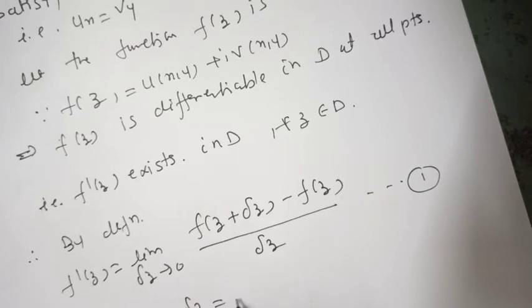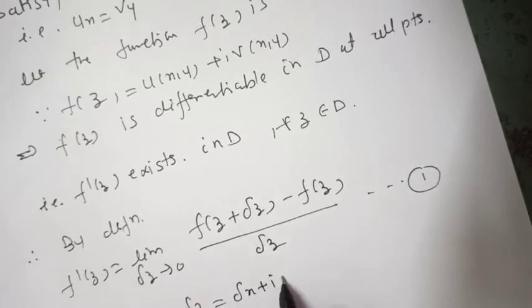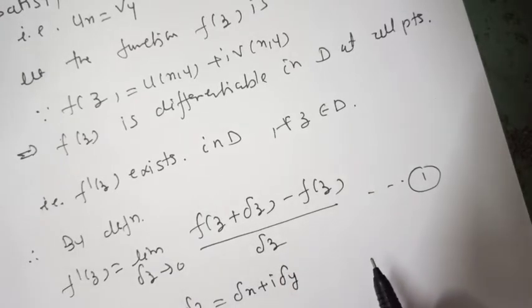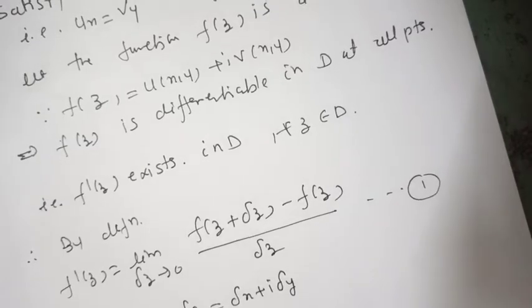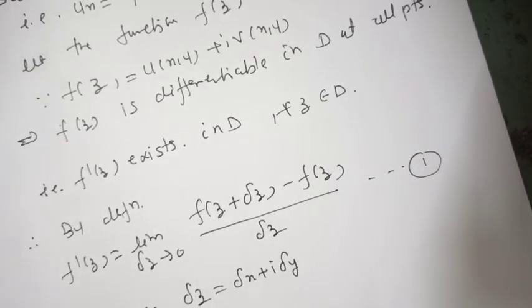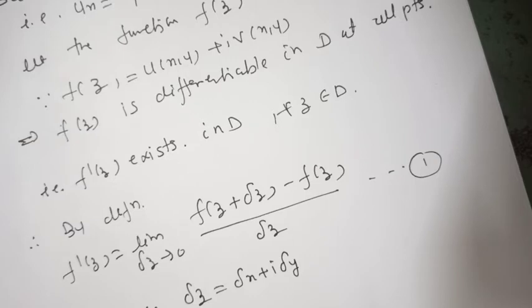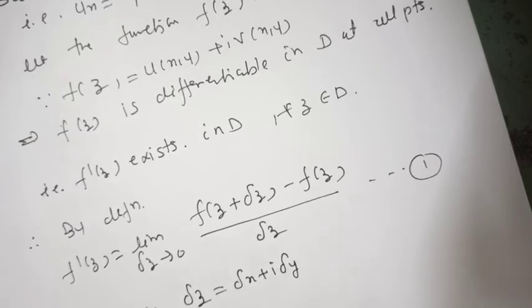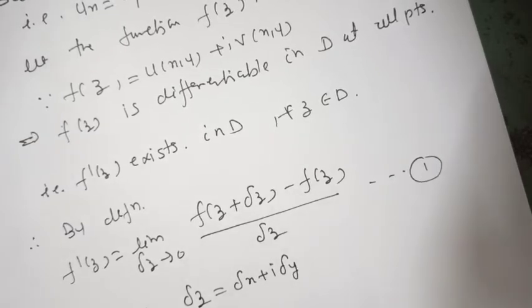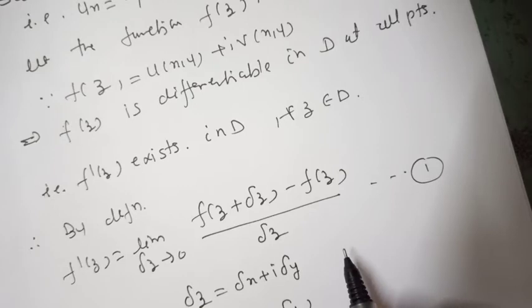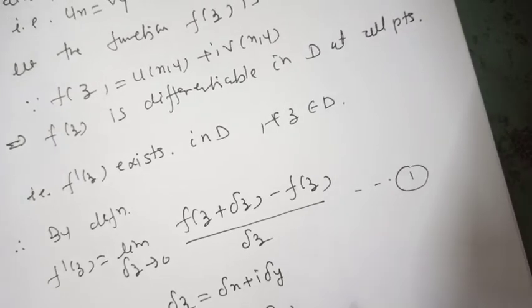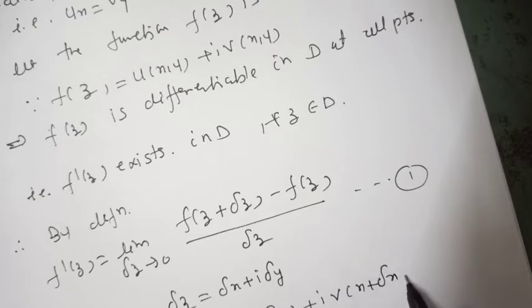Since delta z is delta x plus I times delta y, and f of z plus delta z is nothing but u of x plus delta x, y plus delta y, plus I times v of x plus delta x, y plus delta y.